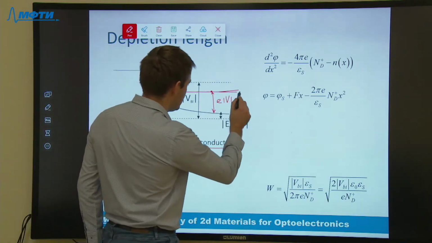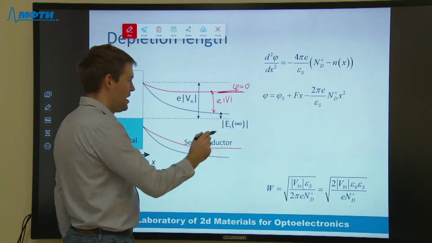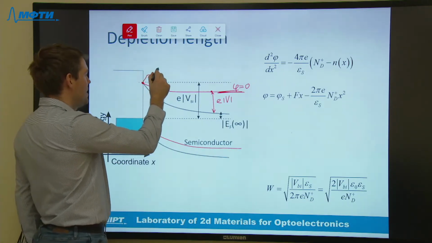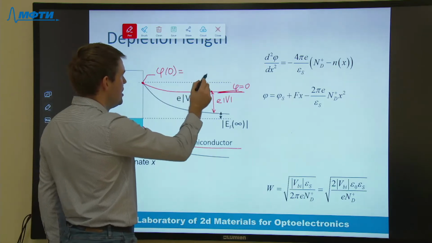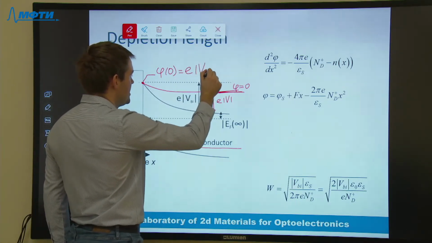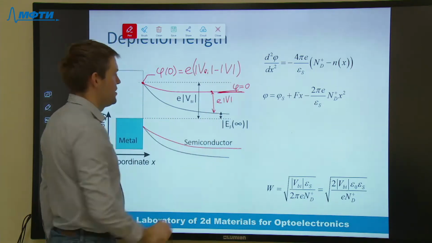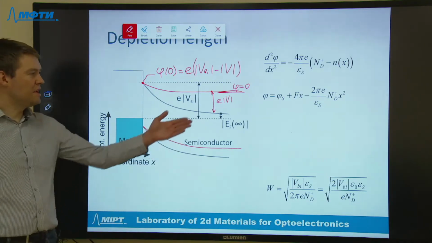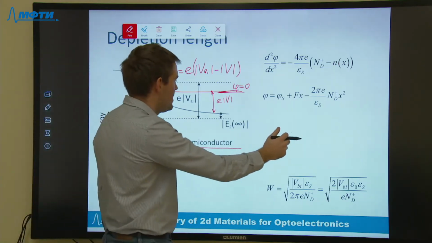You can still set the zero level to be here and just change the boundary condition on this side, and set the potential at x equal to 0 to be equal to the built-in potential minus the applied potential. And this would be the only change that you need to introduce into these formulas.